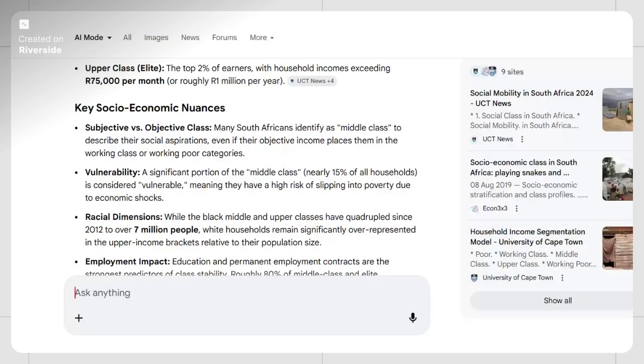Racial dimension: while the black middle and upper classes have quadrupled since 2012 to over 7 million people, white households remain significantly overrepresented in the upper income bracket relative to their population size.